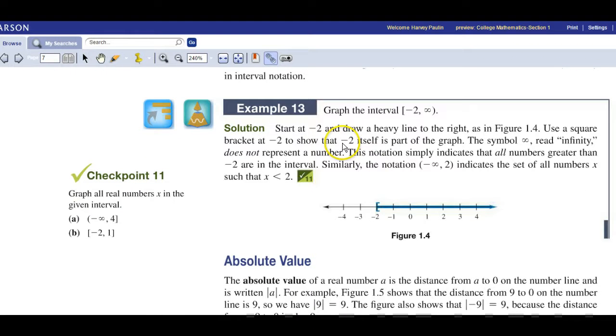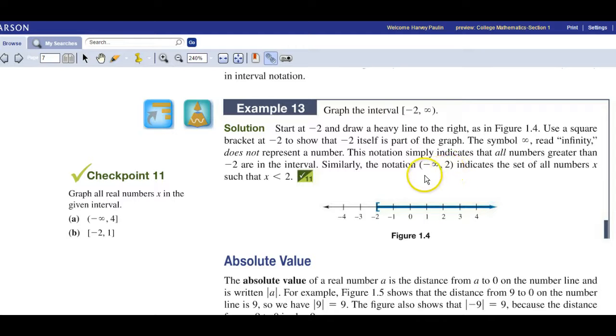And here they want you to graph the interval notation. So you're going to put a bracket at -2, and it goes on to positive infinity. Again, it's just indicating the arrow and the solid line.